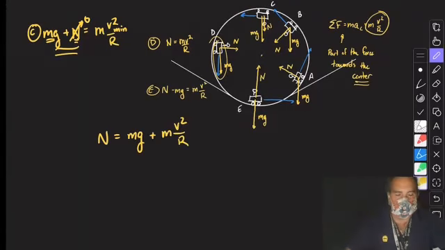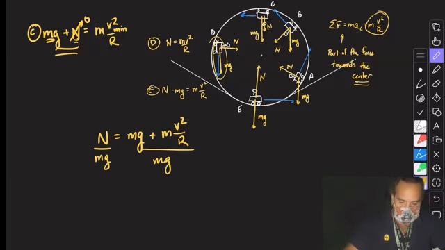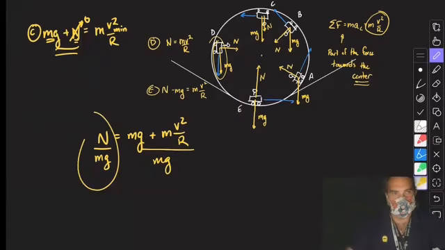To do that, a comparison is a fraction. And they told you the fraction they wanted you to compare, normal force to weight. So you had to divide both sides by weight. That way I get a comparison of the normal force to the weight.